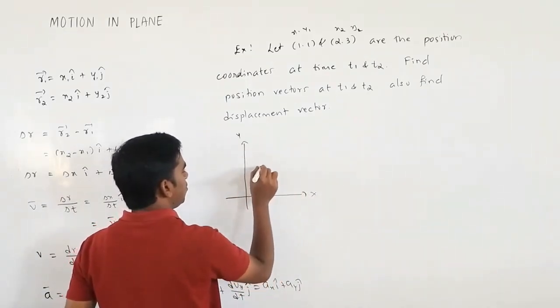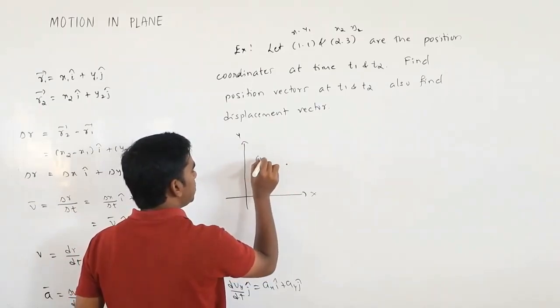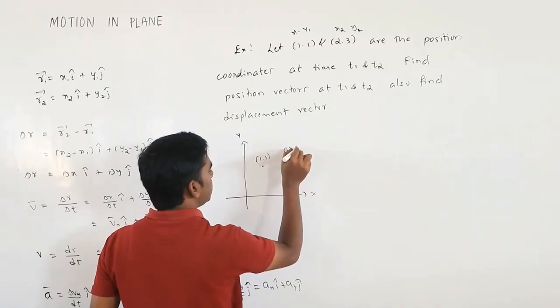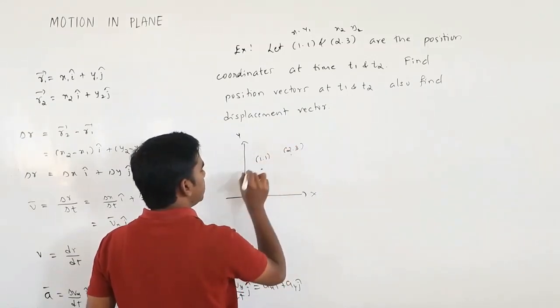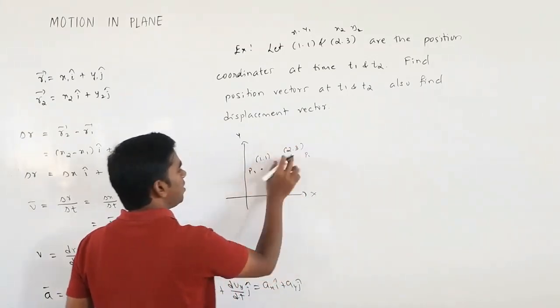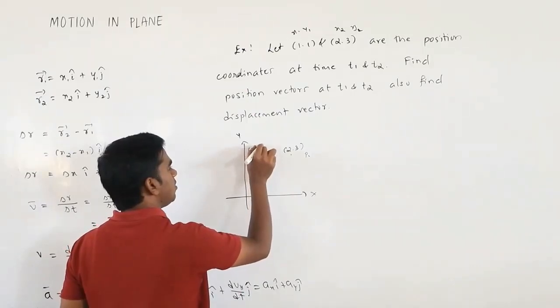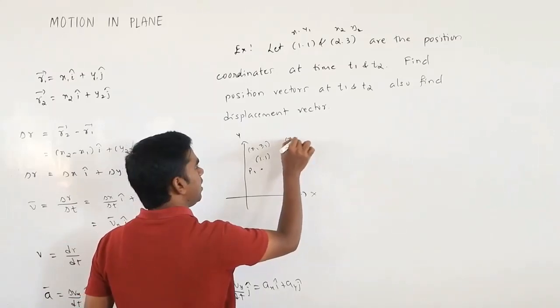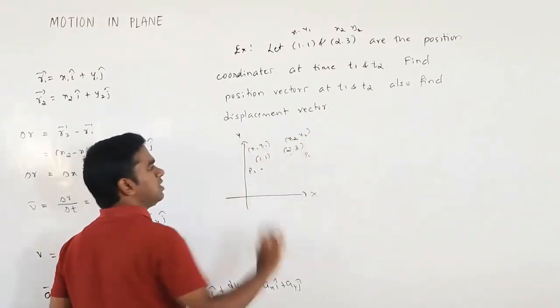They are giving 2 points: one is 1 comma 1, and the other is 2 comma 3. So it is like this, p1 and p2. These two are nothing but x1, y1 and x2, y2.